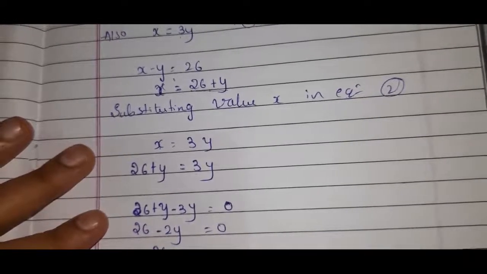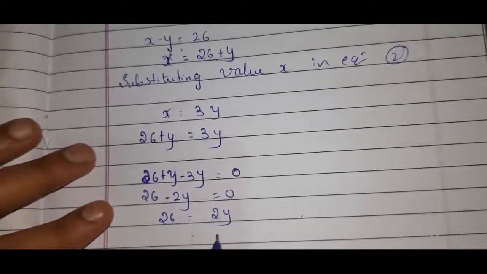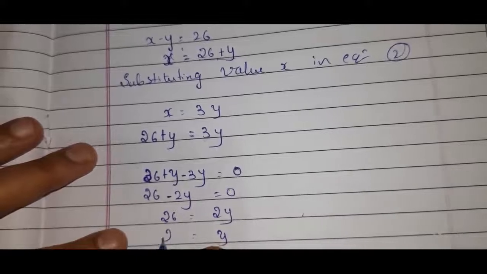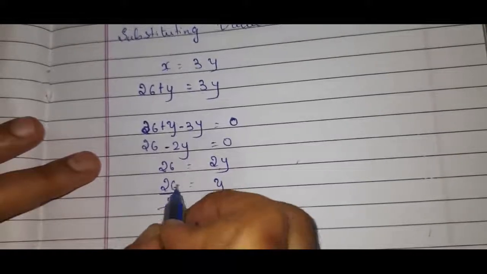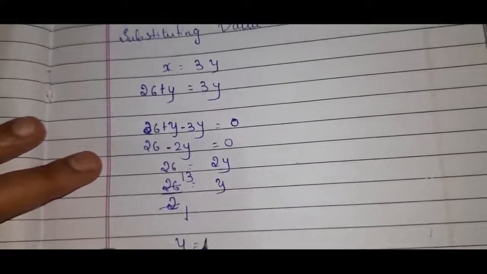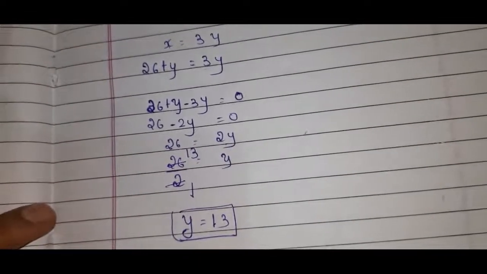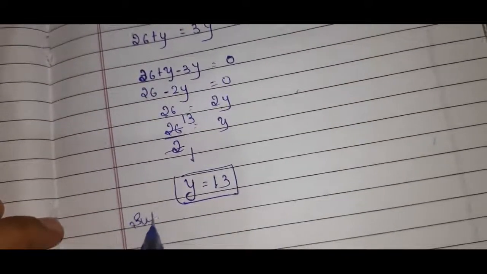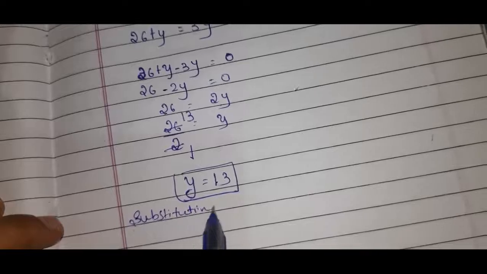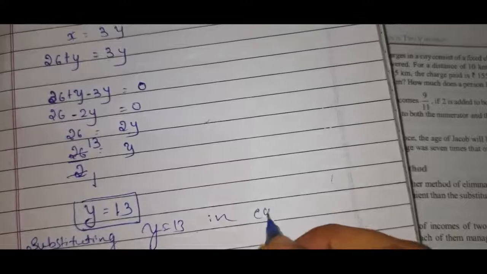Next, I am sending minus 2y to the RHS part, that is 2y equals 26. When 2 goes to the RHS part, it gets division. 2 ones are 2, 2 thirteens are 26. y equals 13. And substituting y equals 13 in equation third.